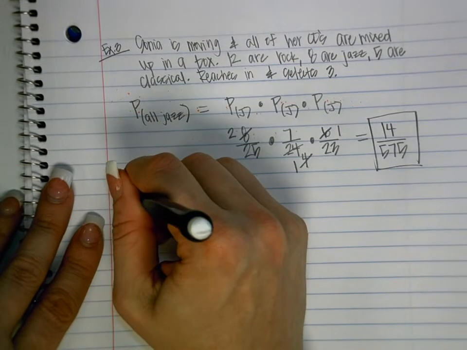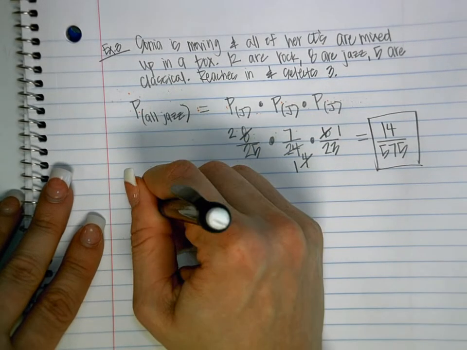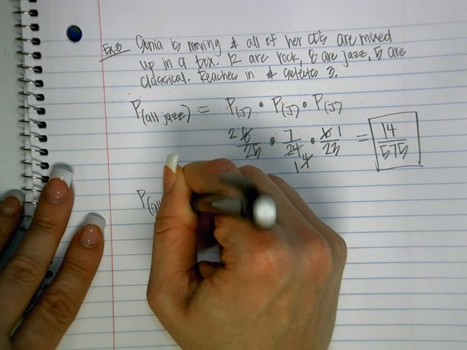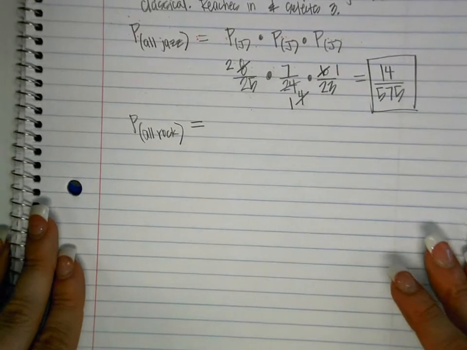Okay, now I want you to find the probability that all are rock. Find the probability that all of them are rock. That all 3 she picks are rock.